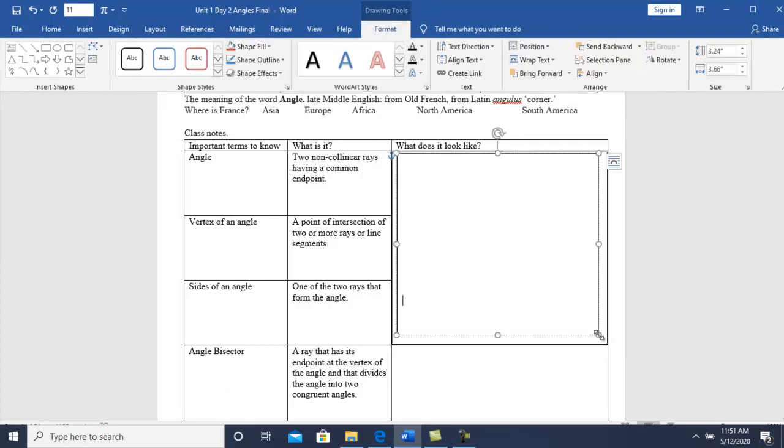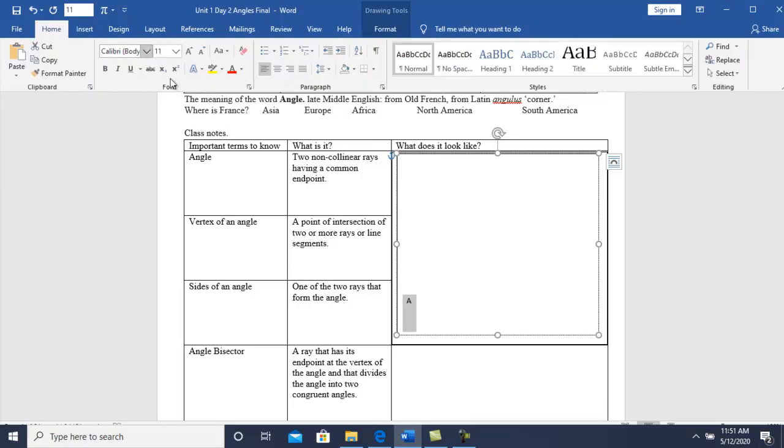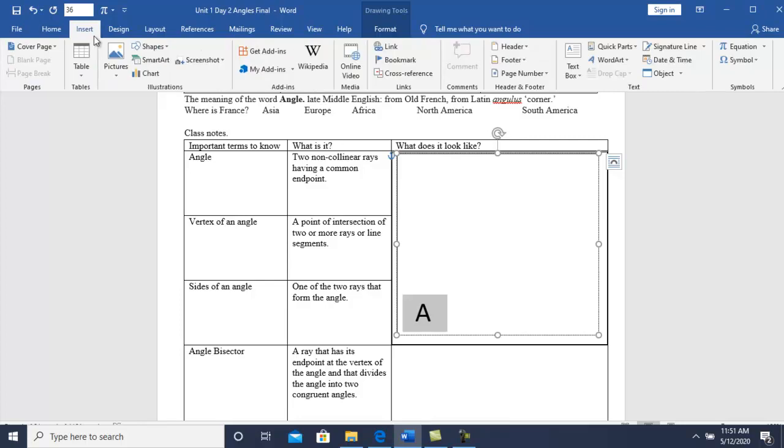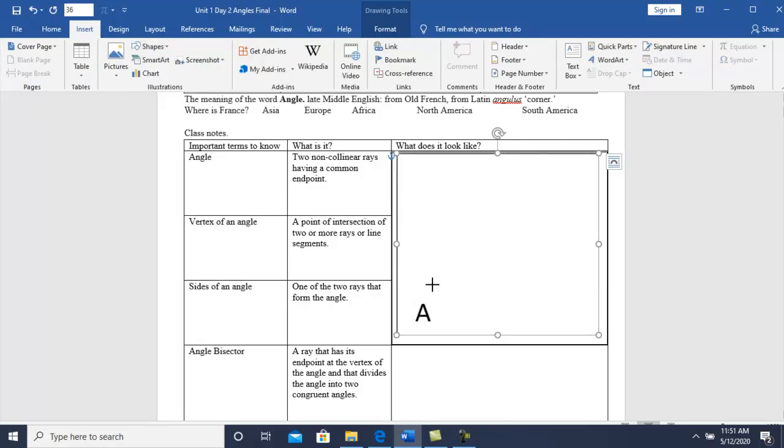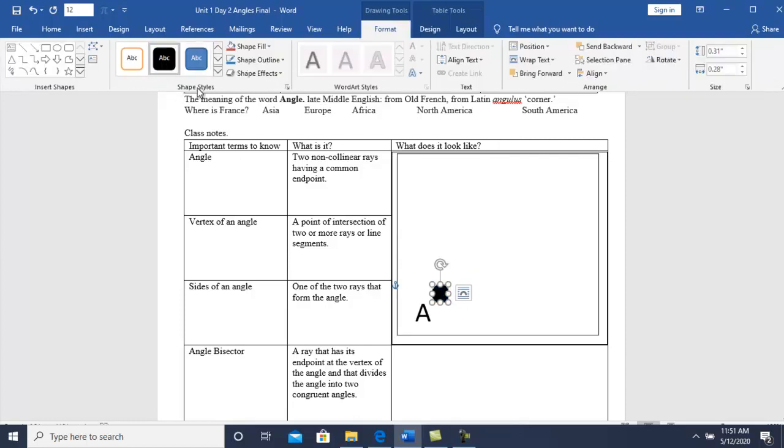It has a common endpoint, and we talked about endpoints last time. So let's say, for example, we have a point. We're going to call it A, and I'll make it big enough so everyone can see it. So let's plot our point. There's our point A.